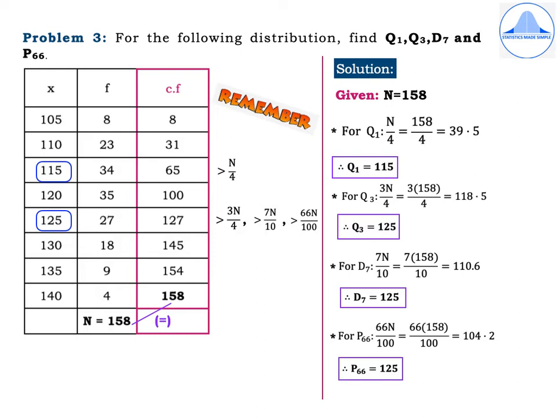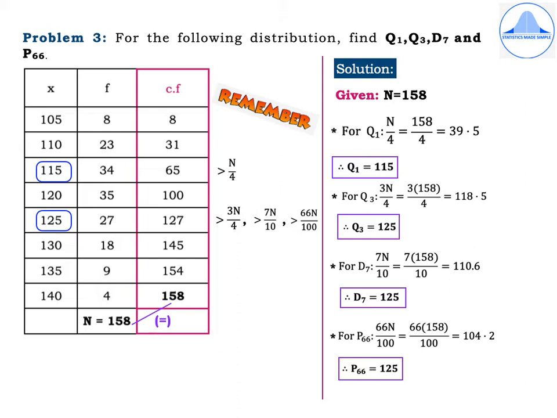Now the first step is to find out capital N, which is the sum of the frequencies, and we get the value as 158. Now, the most important step, if you recollect, is for the median, and now for any partition values for discrete data, we first need to cumulate the frequencies.